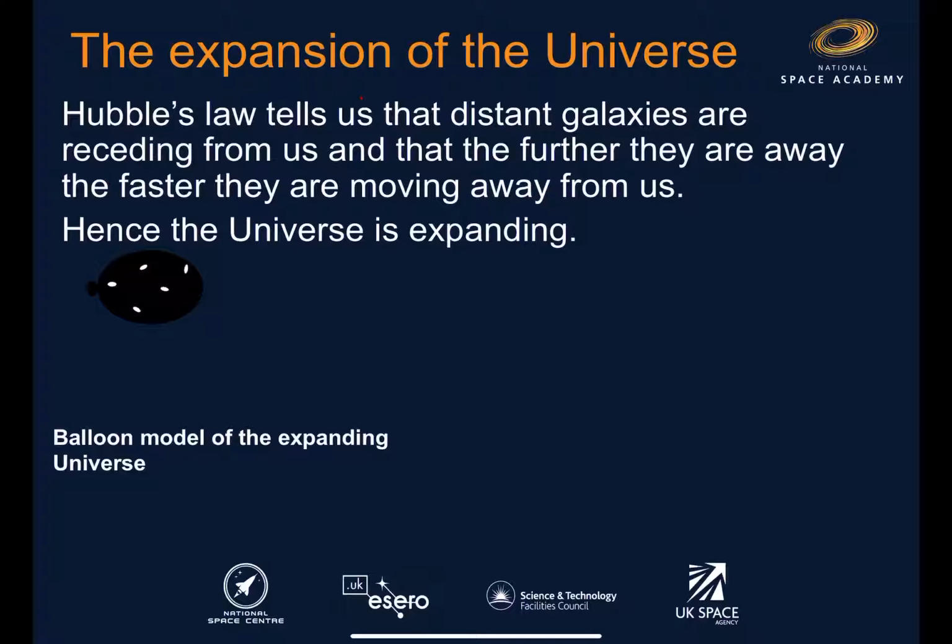Now, one of the ways you can model this, to try and get your head round how everything can be moving away from everything else, because remember, we are not the centre of the universe. It's not like we're in the middle and everything's moving away from us. You can be anywhere in the universe and everything is moving away from you. Pretty difficult to get your head round.